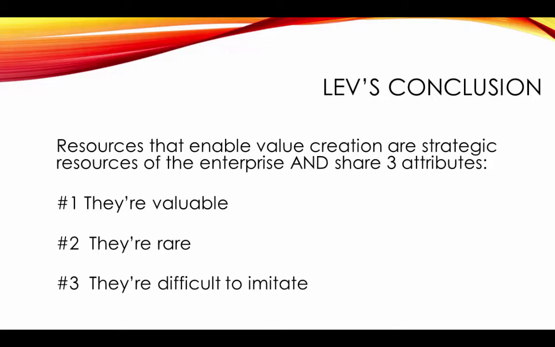So the conclusion that Baruch Lev reaches is that the resources, these input factors that enable value creation, are strategic resources of the enterprise, and they all share three attributes. Number one, they are valuable. They contribute to the stream of benefits, like patents and trademarks and brand loyalty and reputation.